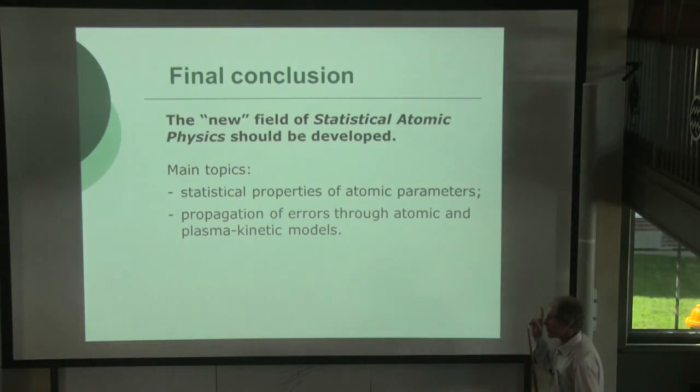Why do I think that this requires a new field? Because I have a feeling that I did this research by brute force, by throwing dice, but a clever statistician should be able to devise mathematical methods of how the uncertainties of some parameters propagate through our matrix equations.